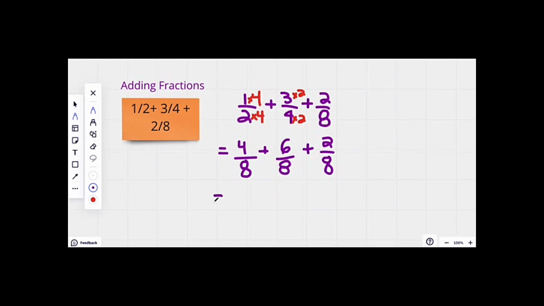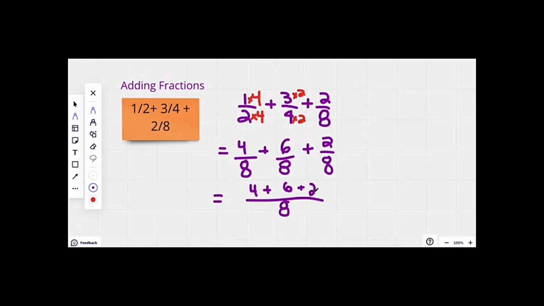So nothing changes, everything stays the same from what we've learned so far. We add our big line and we put our denominator at the bottom, which is an 8. And now we're just simply going to put all of our numerators up at the top here. So we've got a 4, we got a 6, and we got a 2.